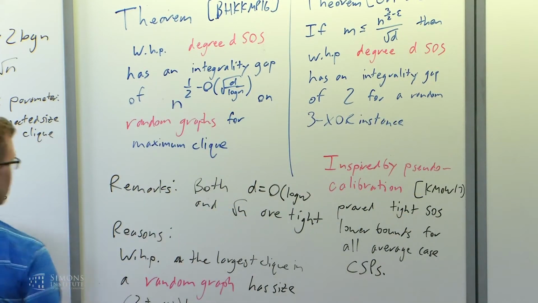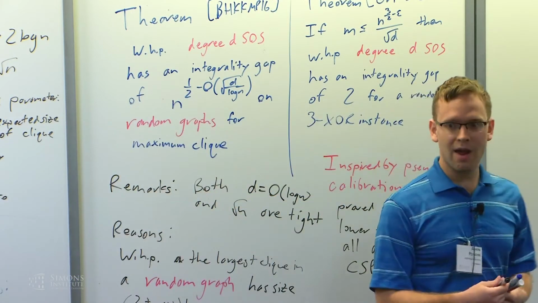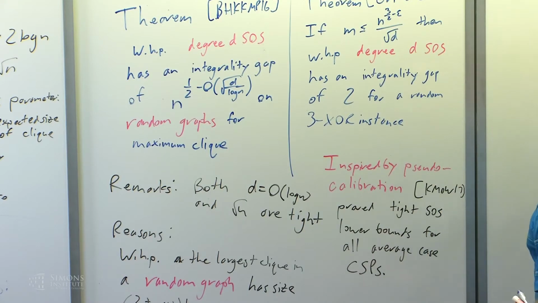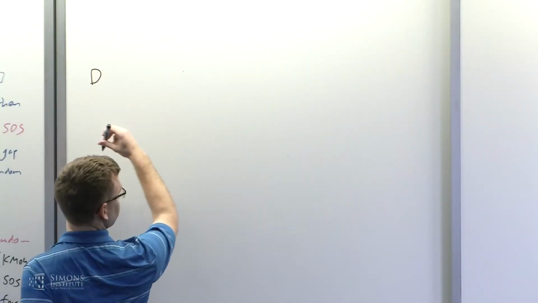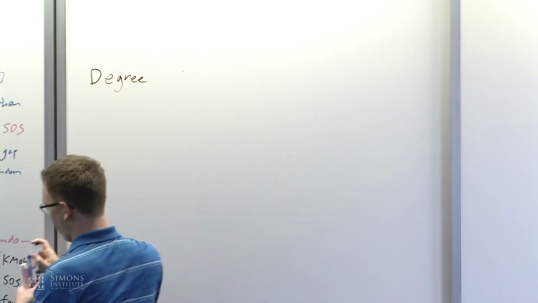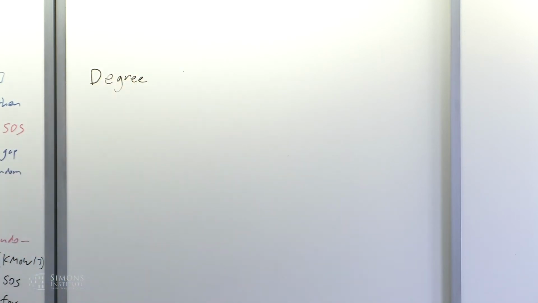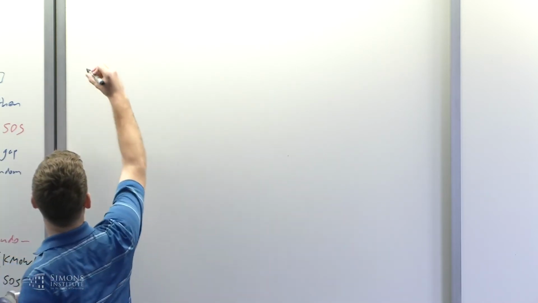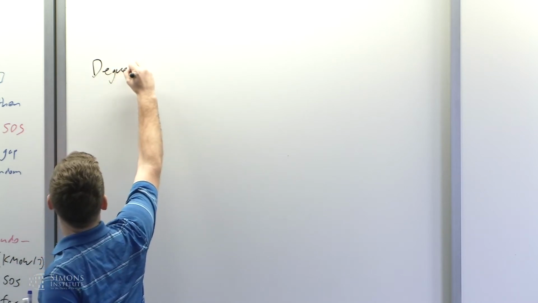So now let me describe degree D sum of squares.